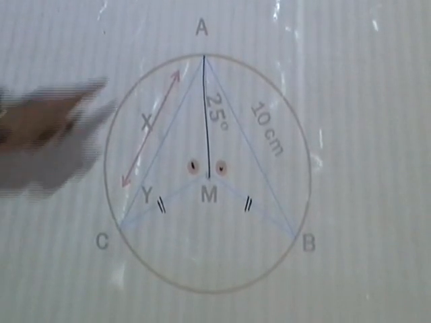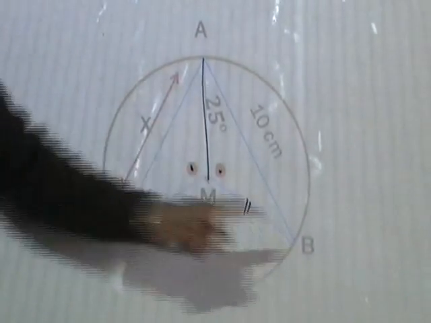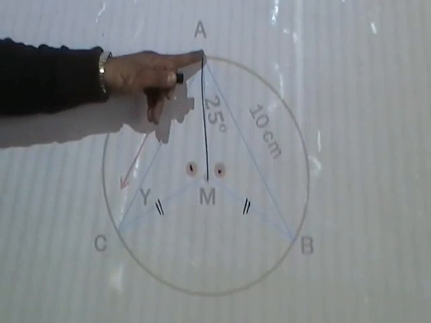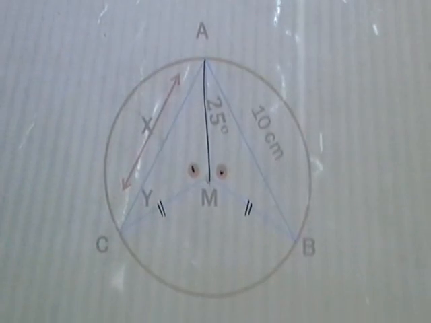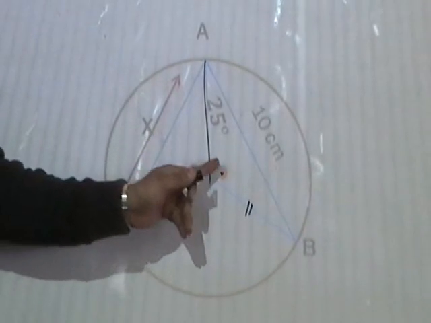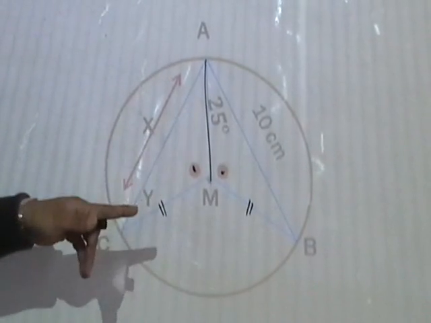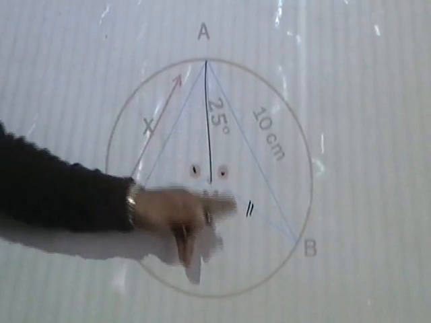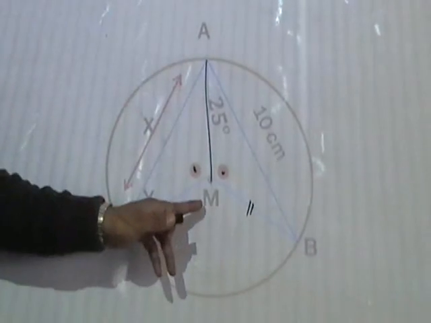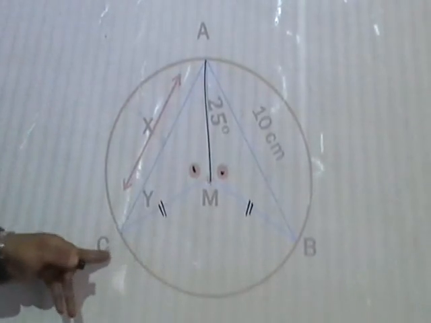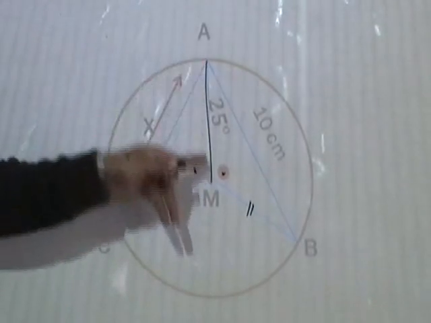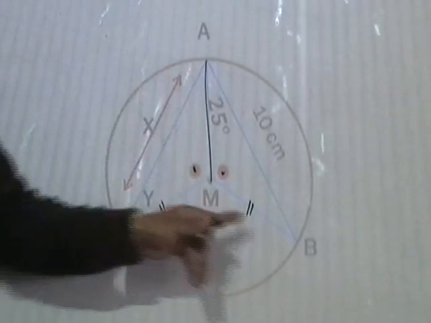So we can say that triangle AMB is congruent to triangle AMC by the case side, angle, side. You must make sure that the angle is included between the two sides. I have AM as a common side, MB equals MC, and the measure of angle AMC equals the measure of angle AMB.